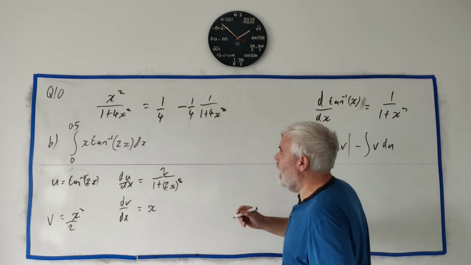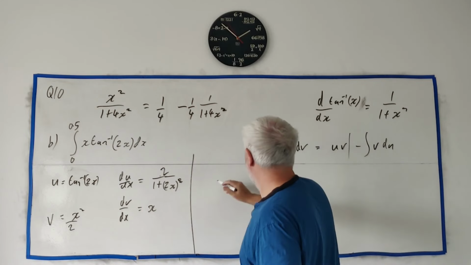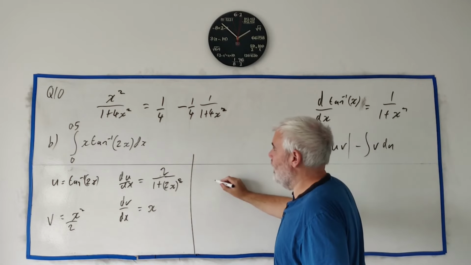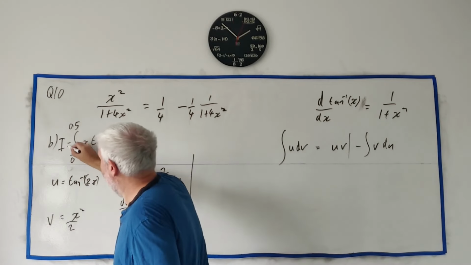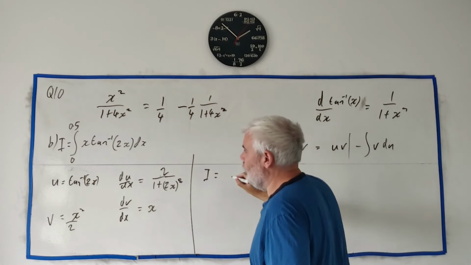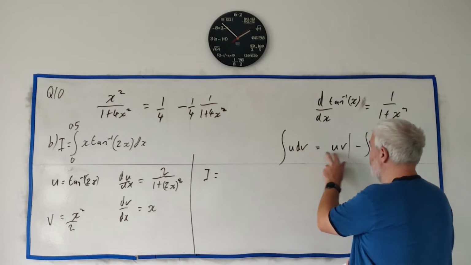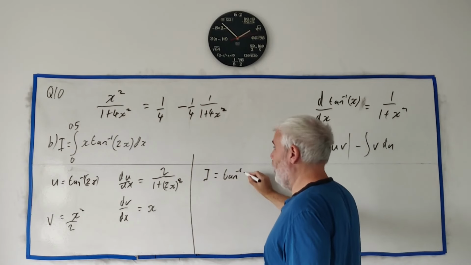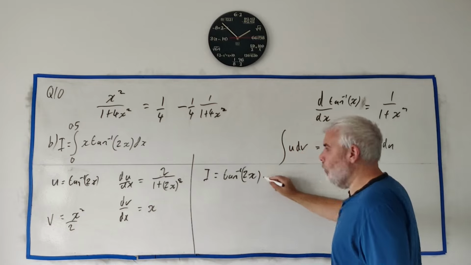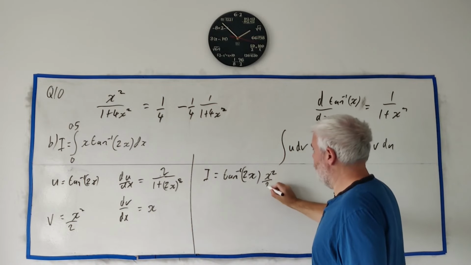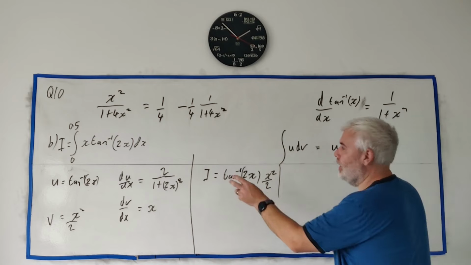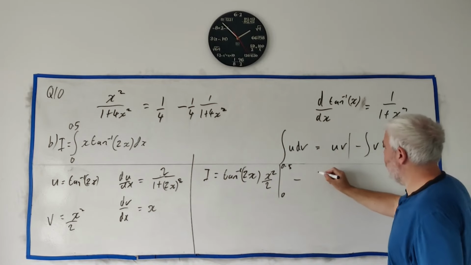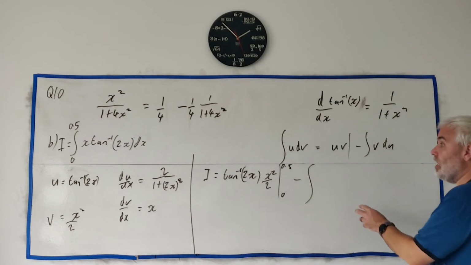Let's write it out. So this whole thing now becomes true integration by parts. Let's name this I. This whole thing I becomes u times v, which is just the inverse tangent of 2x multiplied by x squared over 2, and that's evaluated between 0.5 and 0, minus the integral of v du.